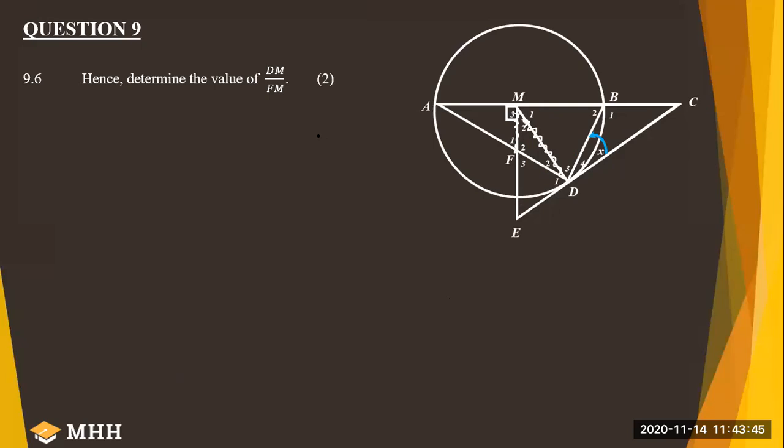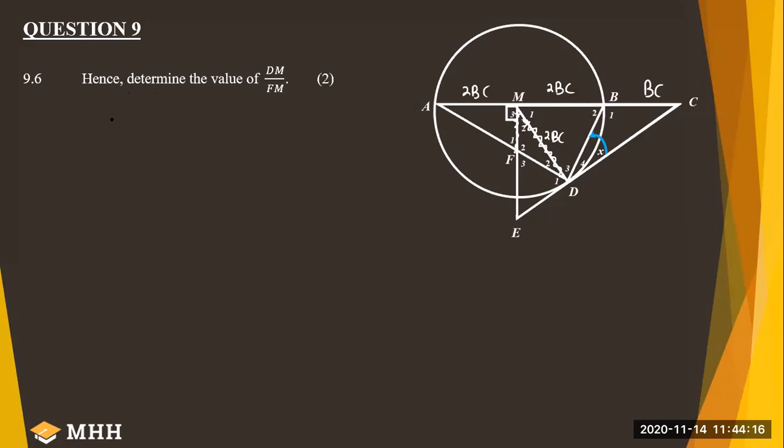We just worked with similarity, so let's see if we can make use of the similarity. The only values that we so far had were BC, and this one was 2BC, and this one was also 2BC, remember, because it's radii. So let's work with what we just worked with.